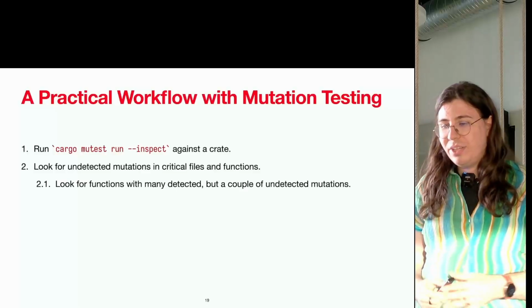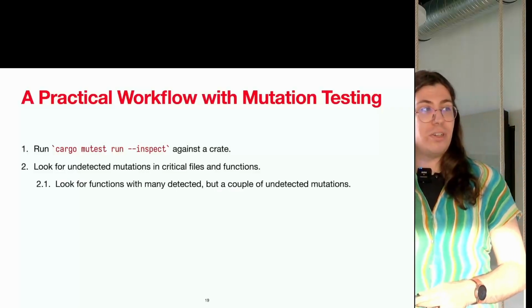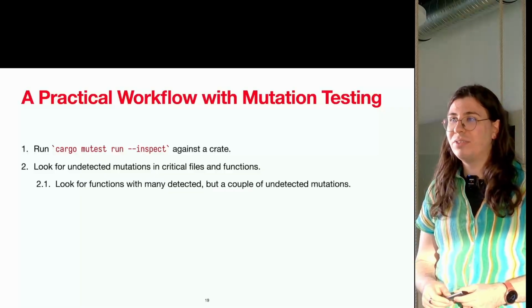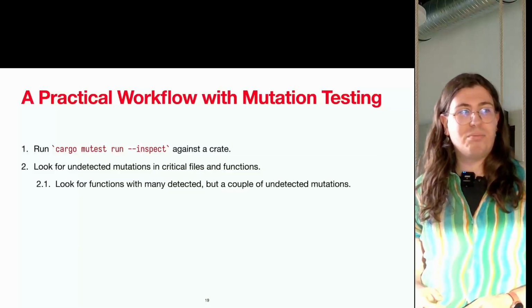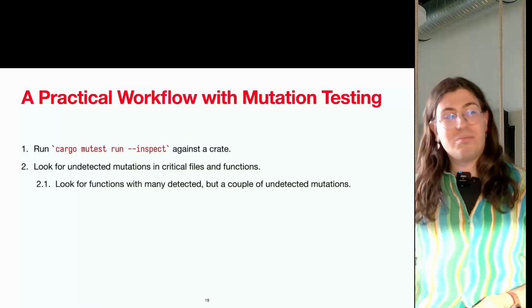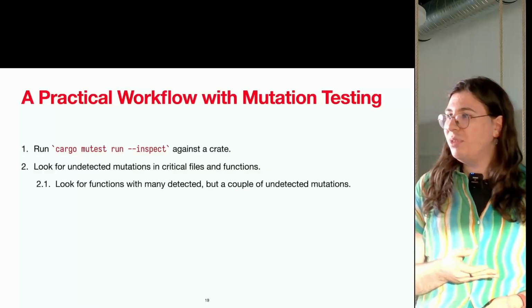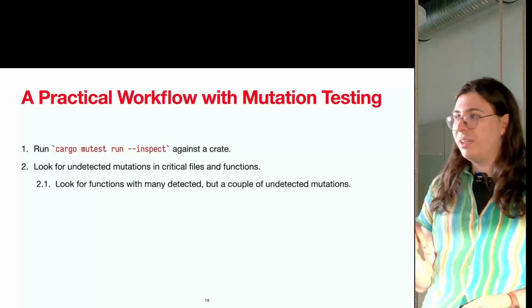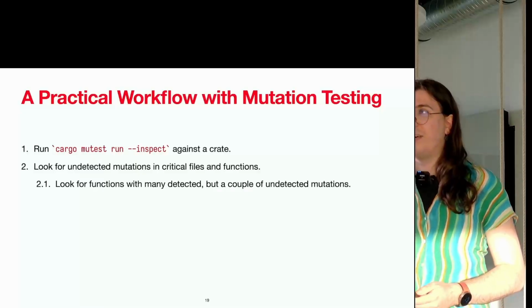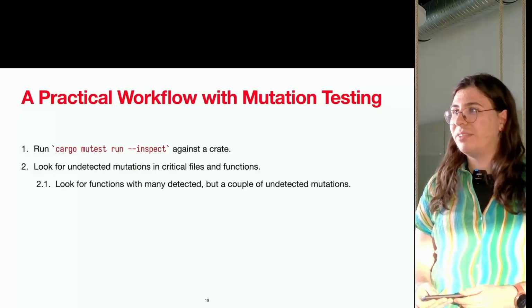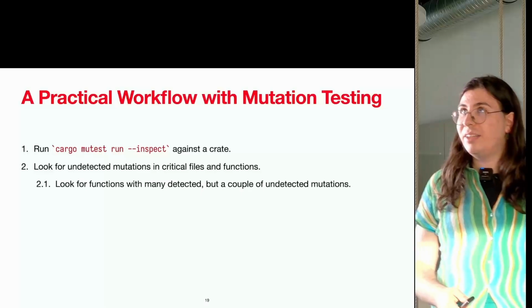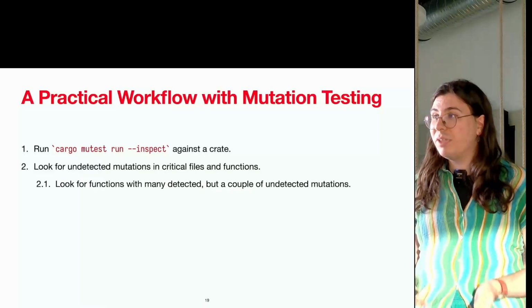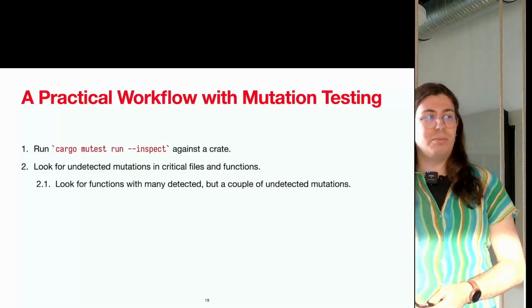And within that, you want to potentially look for functions where there are many detected mutations, but a couple of undetected ones. So that tends to tell you that those undetected mutations tend to be a little bit more valuable because those tend to correspond better to these missed edge cases in your testing. So that's usually an indicator that you've got a function or some part of the program that is relatively well tested, but there's still a couple of improvements you can make.